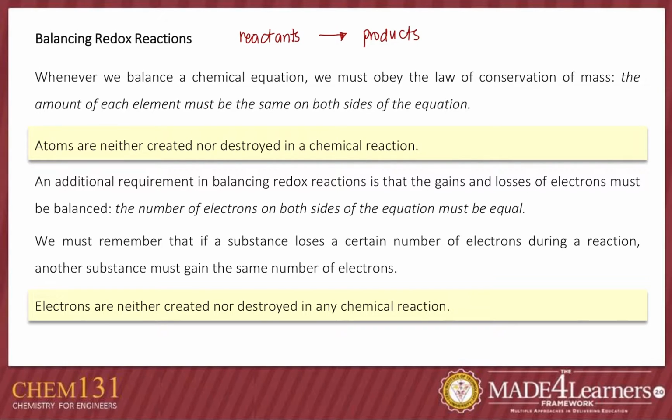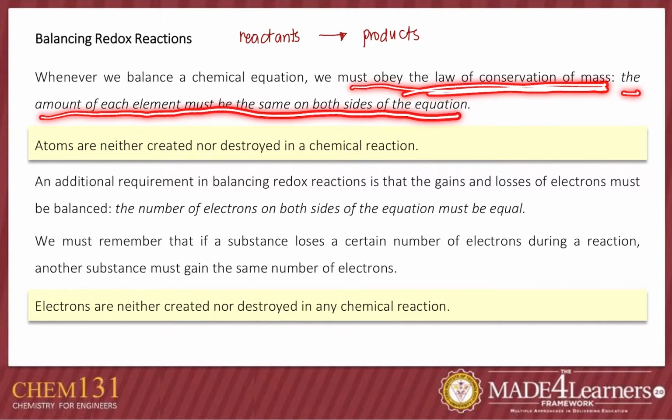And in balancing chemical equations, what we remember is that the law of conservation of mass is observed. So how do we know that mass or matter is conserved? The amount of each element must be the same on both sides of the equation.